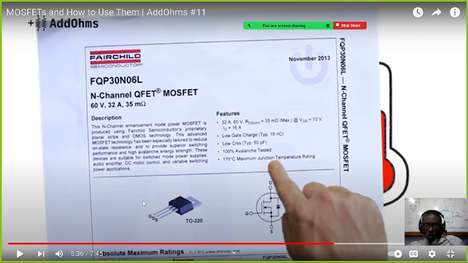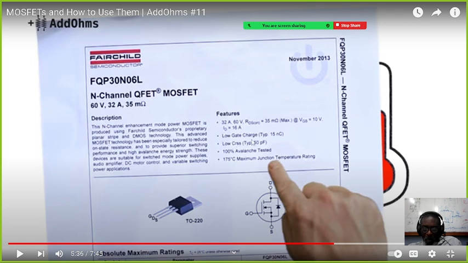You can put 60 volts between the drain and the source, and it can handle up to 32 amps of current, and the resistance between the drain and the source is 35 milliohms. You can use this information to do the calculation. Look at this maximum junction temperature rating, 175 degrees Celsius.